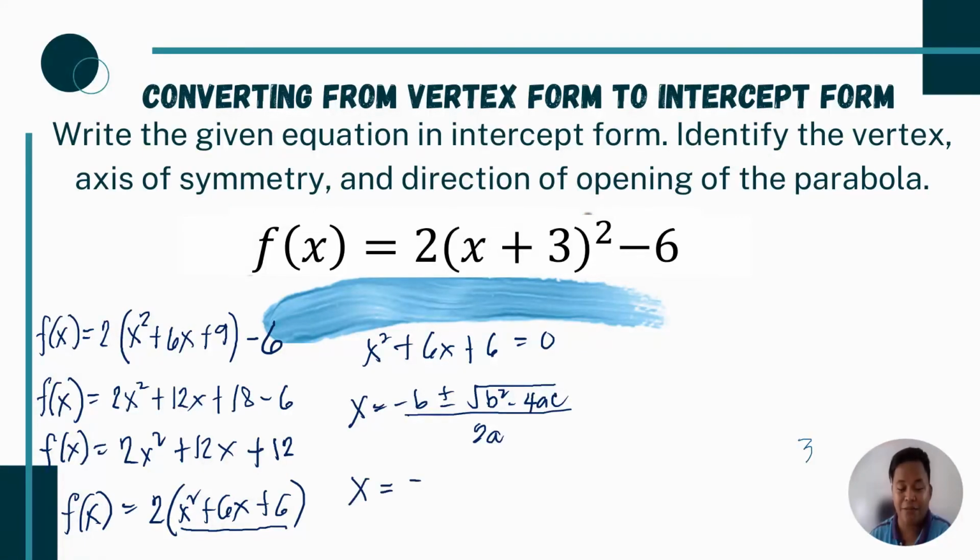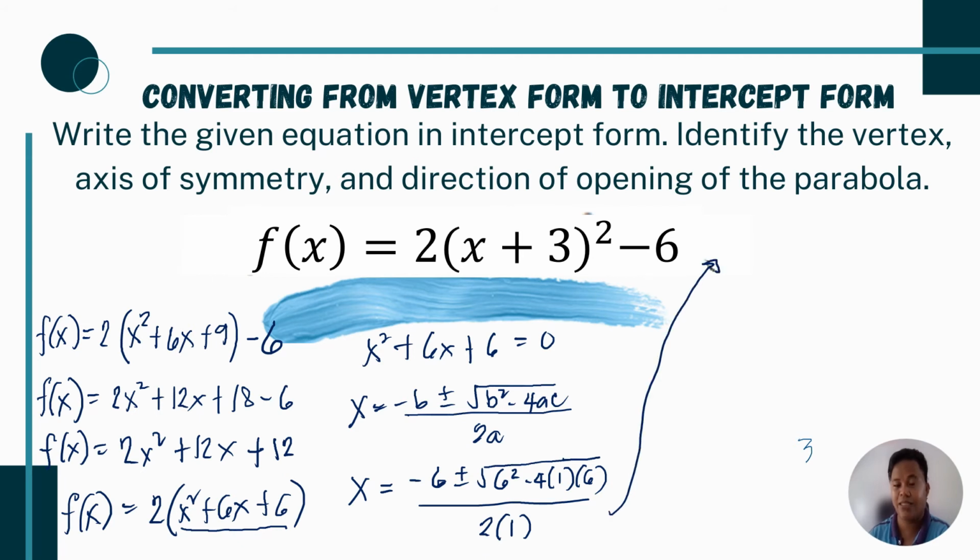And then the value of b is 6, so negative 6, positive negative square root of 6 squared minus 4 times 1 times 6 po, all over 2 times 1.